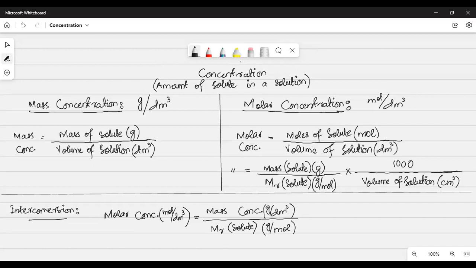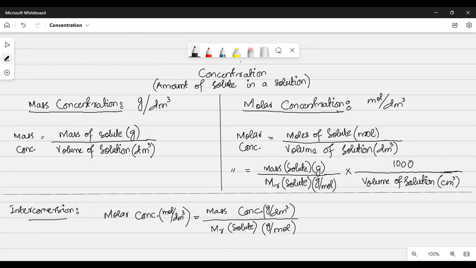Now, what I'm going to do is start with very easy questions. Remember the easier questions we started off with when we were doing moles, just to convert moles into mass or mass into moles? That's how easily we are going to start with mass concentration or molar concentration questions. Then there would be some interconversion questions.